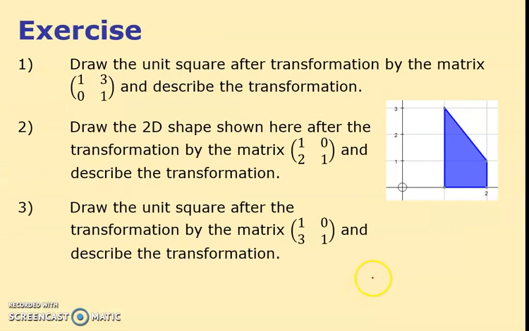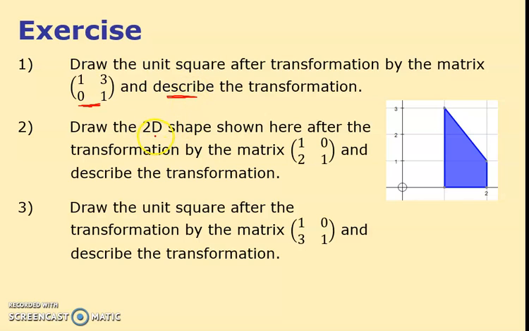So, for that exercise, there are 3 questions I want you to have a look at prior to coming in to class. I've said draw the unit square after the transformation. So draw the unit square, transform it by this, and then describe it. Tell me what happens to it.